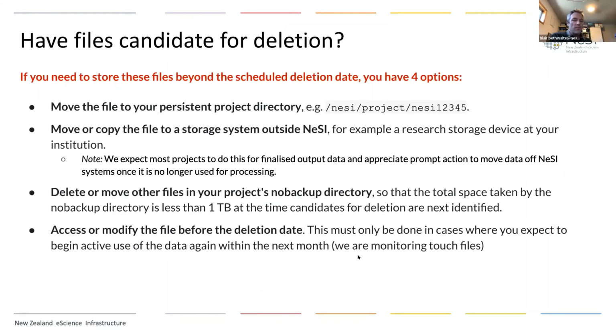So if you've got file data that has been identified for deletion in 2 weeks, then you've got 4 main options really. You can move that data to the persistent project directory. So if it's data that needs to be kept, then that's probably the first best option.